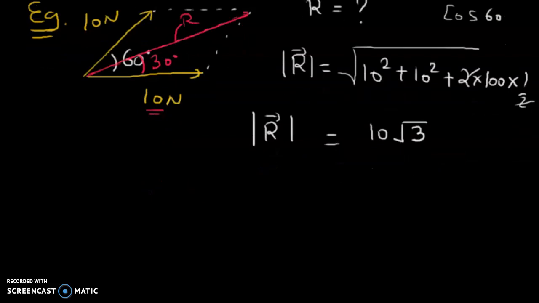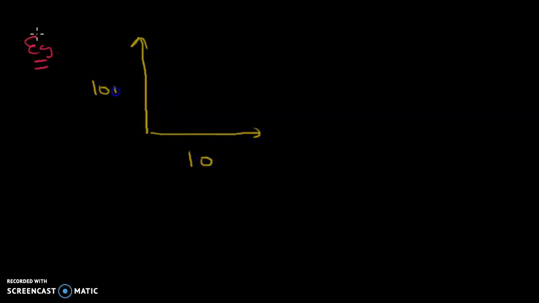Okay, now if I ask you, there are two vectors of 10 Newton each, and the angle between them is 90 degrees. What would be the resultant vector?